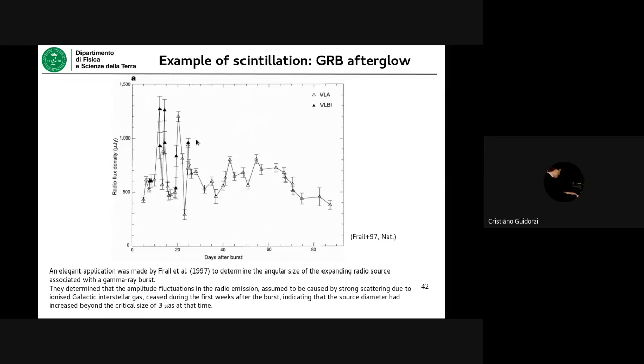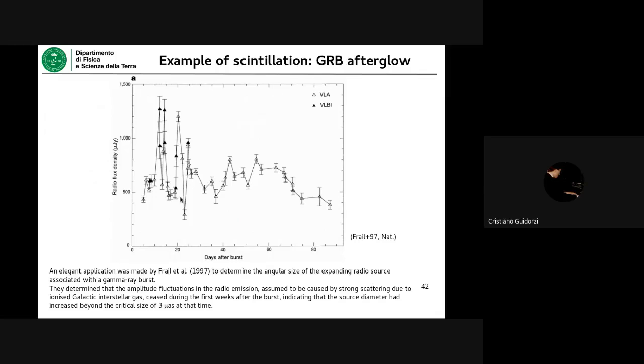So if you interpret what happens at the transition between scintillation and no more scintillation, you say: here is the time at which the angular size of the source has grown enough to be comparable with the critical size. Because I know that for sources whose size is greater than the critical size, I am expected to see the flux scintillating much less.